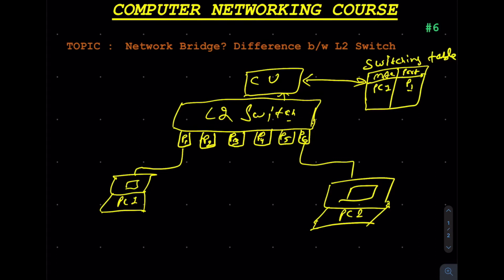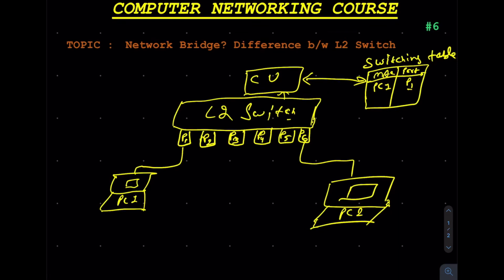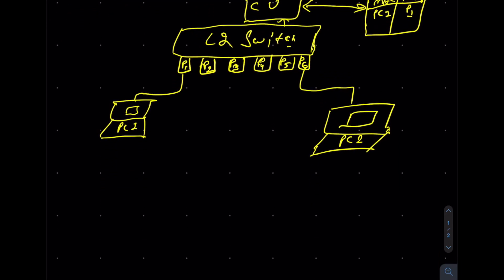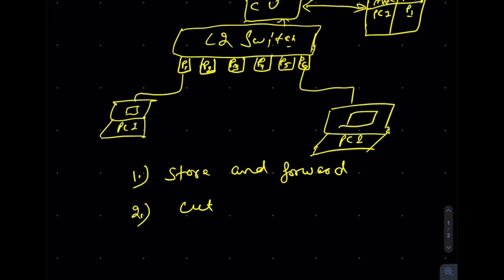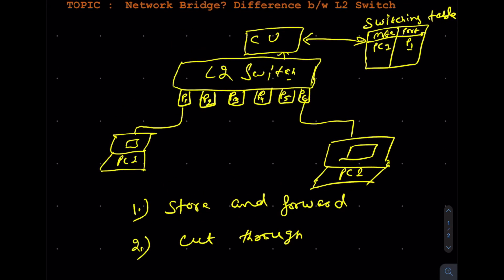Every switch, layer 2 or layer 3, works on two modes: store and forward, and cut through. How are they different? Store and forward is a decision based on the switch.